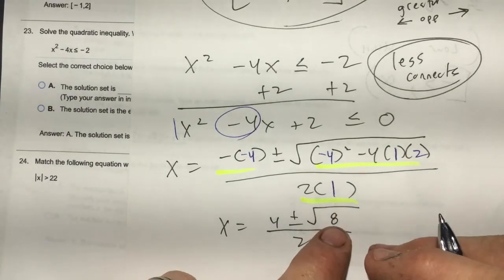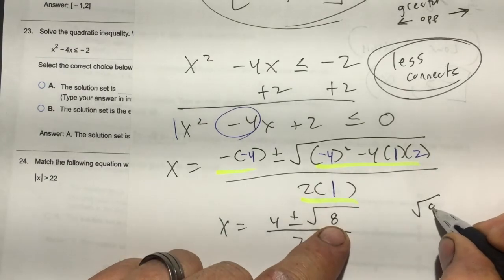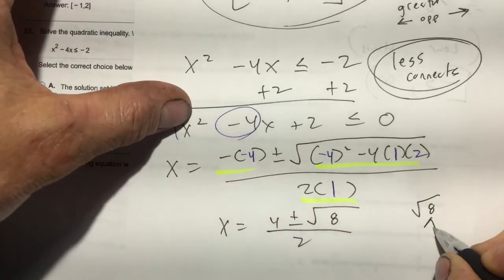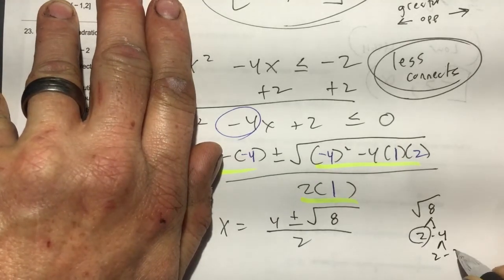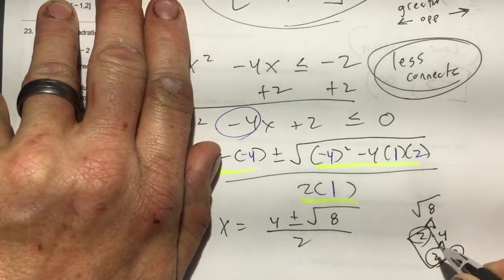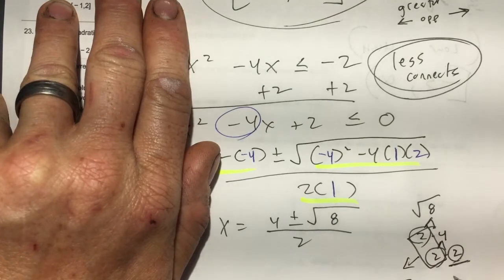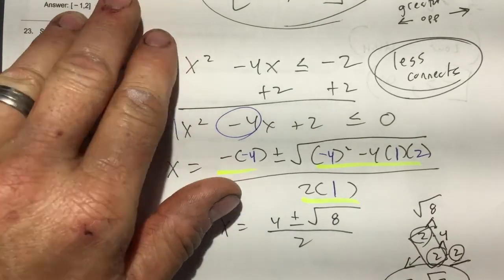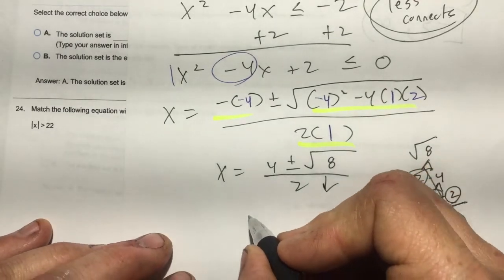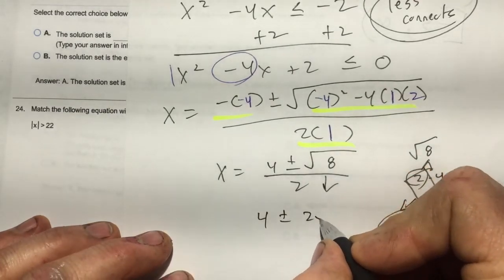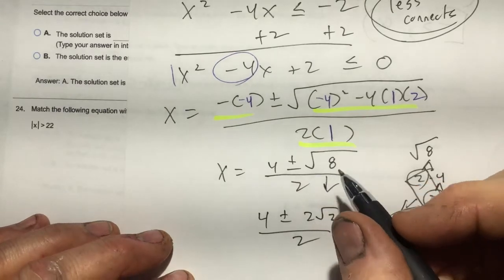So 8 is not a perfect square, so I'm going to have to break it down. Okay, that's 2 times 4. 4 is 2 times 2. I got a pair of 2's. That sends a 2 out of the radical, but this guy's stuck because he doesn't have a partner. So that's 2 radical 2. All right, so that means right here, this is going to be 4 plus or minus 2 radical 2 divided by this 2.